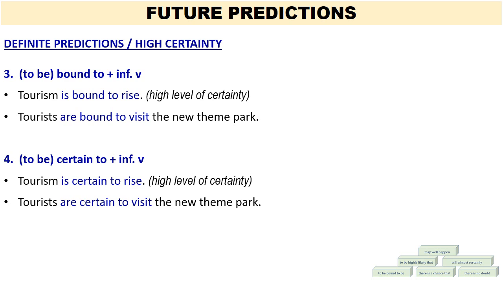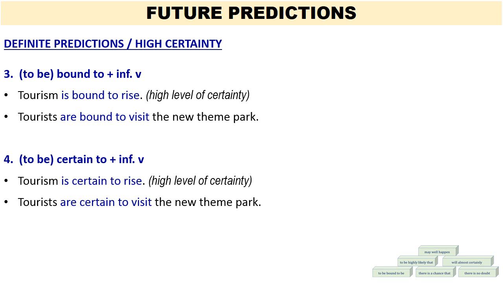Another form we can use is the verb to be, bound to, plus the infinitive form of the main verb. For example, tourism is bound to rise, and there is a high level of certainty about this prediction. Another example, tourists are bound to visit the new theme park. Again, we are very sure that this is going to happen.